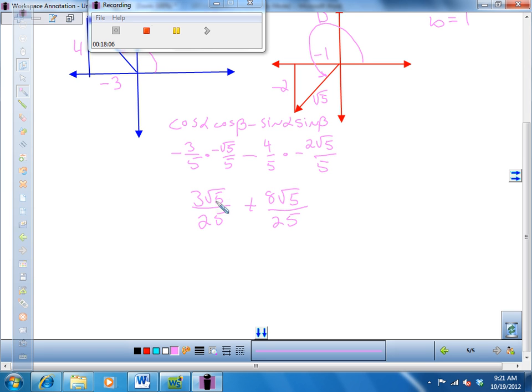Now at these, you can add square roots. It's like 3x and 8x. So this is equal to 13 root of 5 over 25. I'm not very good at addition. I'm good at straight.